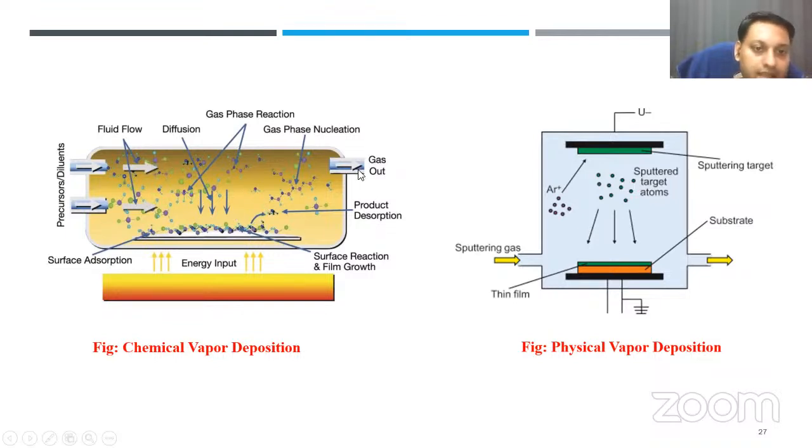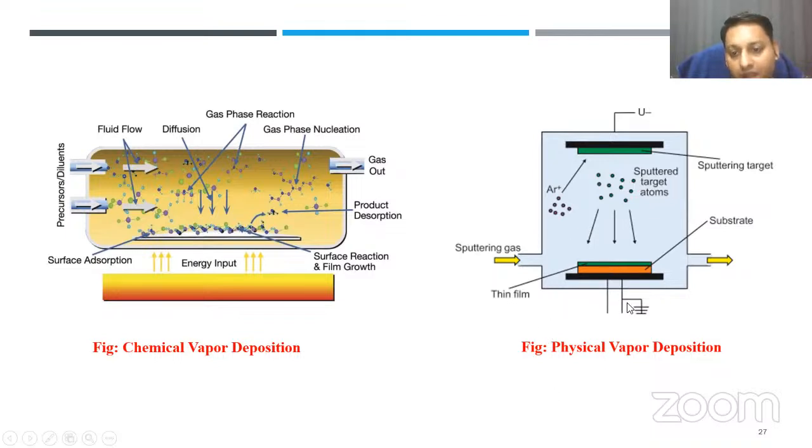The gases will react, and after reaction, the end product will be deposited on the substrate. This may require external energy in the form of heat. That energy will be given externally, and thereby we can achieve the required deposition.